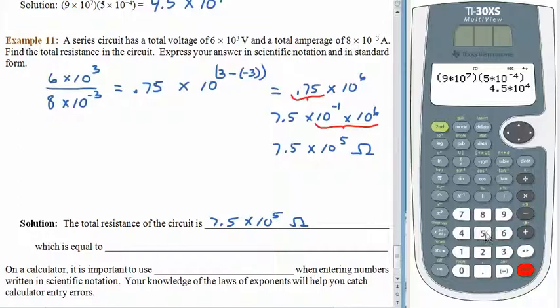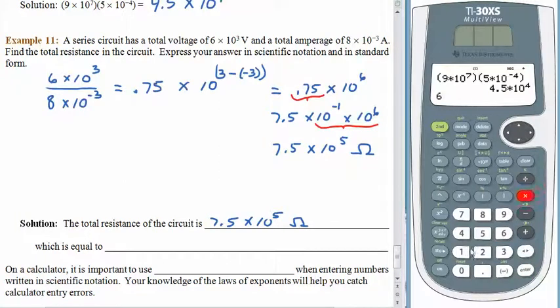If you forgot your parentheses and you said 6 times 10 to the 3rd power divided by 8 times 10. Whoops. There I go again. This is not my best day, is it? Come out of the exponent, divided by 8 times 10 to the negative 3rd power.